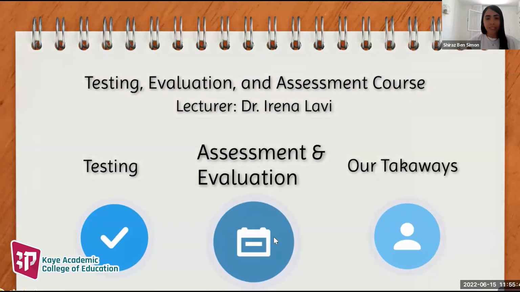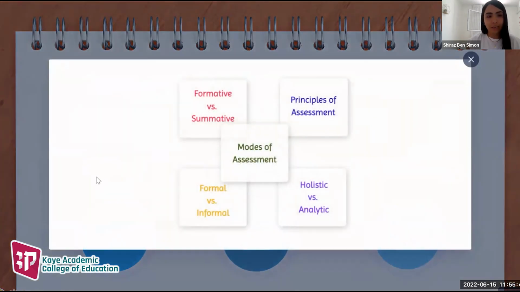The second part is the assessment and evaluation. We learned about various types of assessment. Some of them are presented here, such as formative versus summative assessment. When do we use each? What does each of them mean? Formative assessment, for those of you who do not know, is the assessment that we are conducting throughout the year, which we use to adjust our teaching in advance.